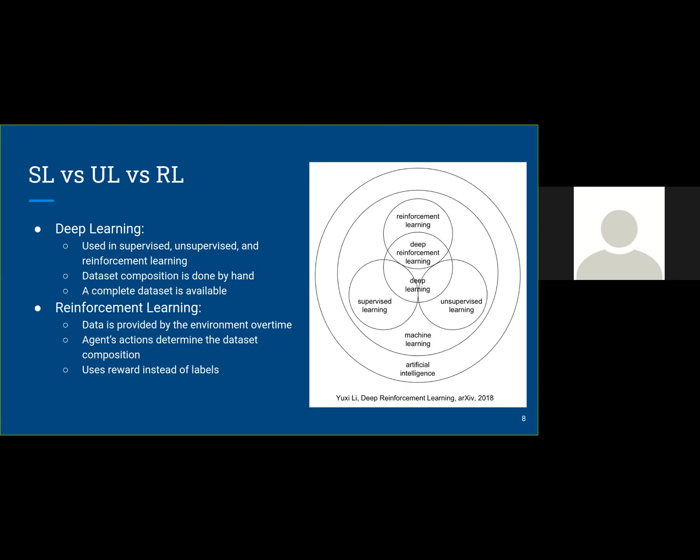And the other interesting fact is that in reinforcement learning, you don't have a complete and finished data set when you start training. So you will need to instead gather it. It will need to be gathered by an agent.